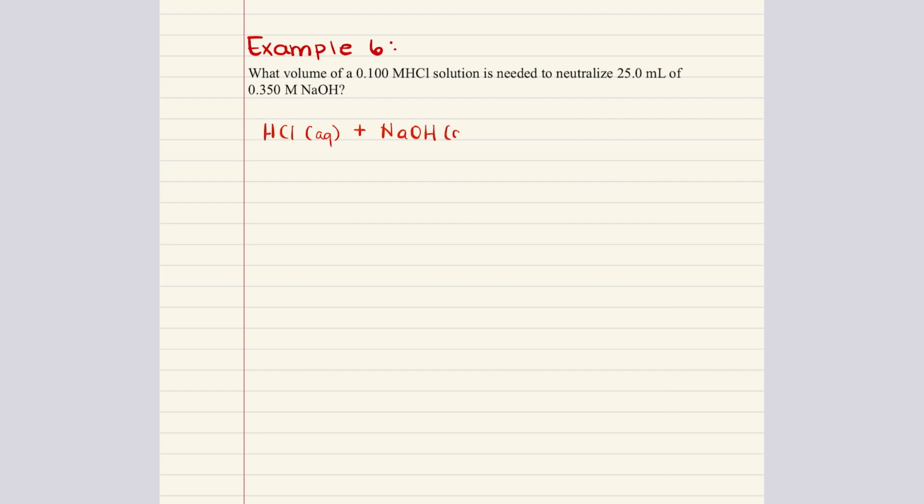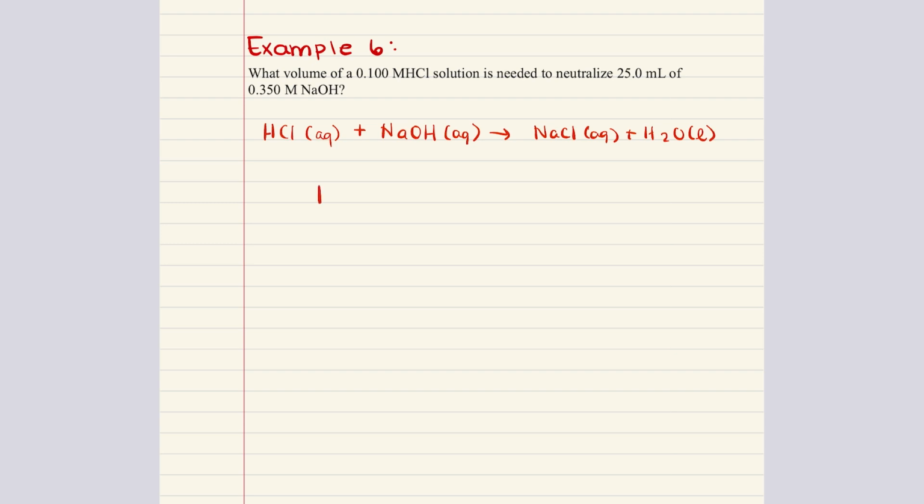sodium hydroxide, which is a strong base, to give us sodium chloride and liquid water. Now, what's really important for us to recognize is we have a reaction between a strong acid and a strong base. And in our lecture, we talked about how to write the net ionic equation for a strong acid, strong base reaction.